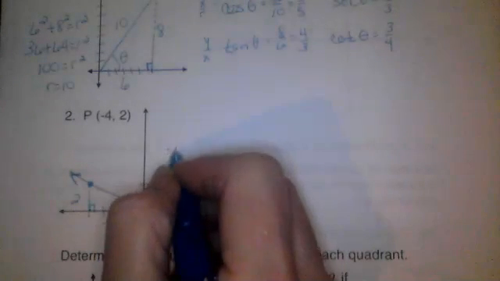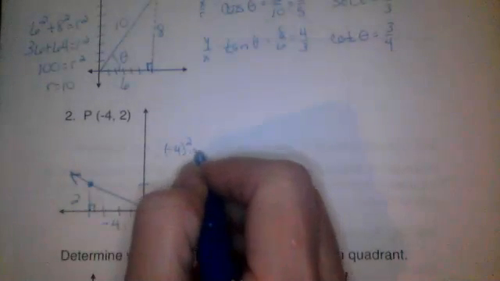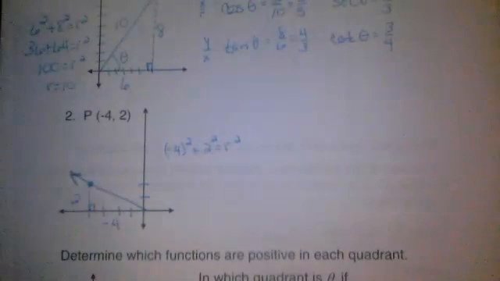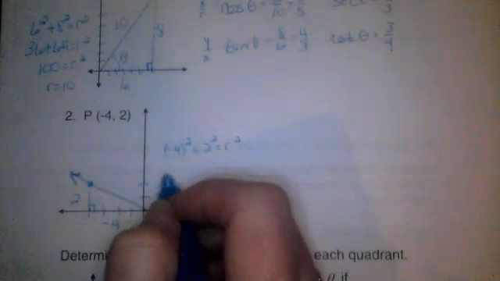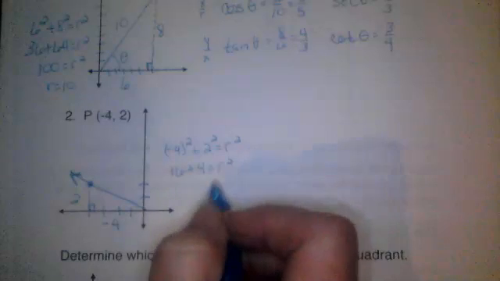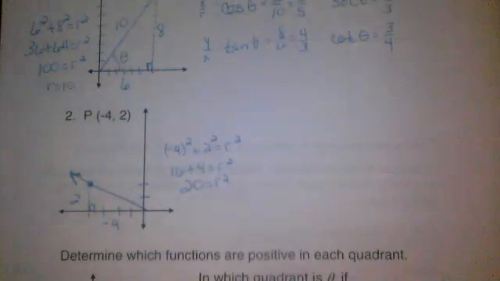So we have x squared plus y squared equals r squared. Now, this is negative, but when we square it, it becomes positive 16 plus 4. So that's 20. And we are not going to use decimals, so we need to reduce this.